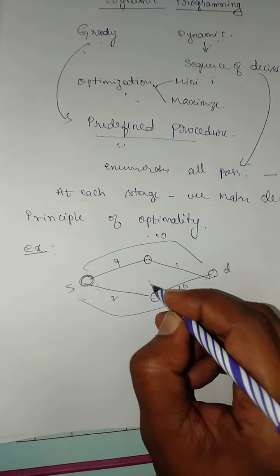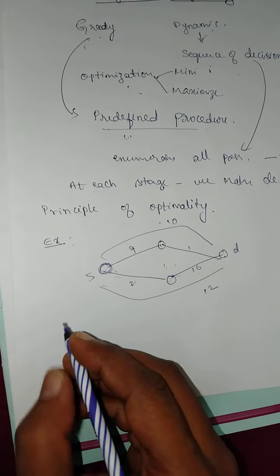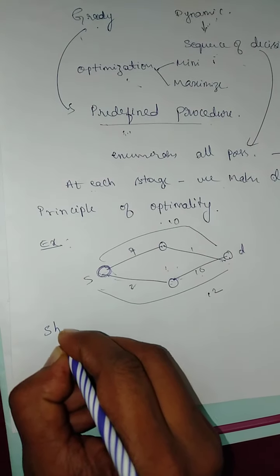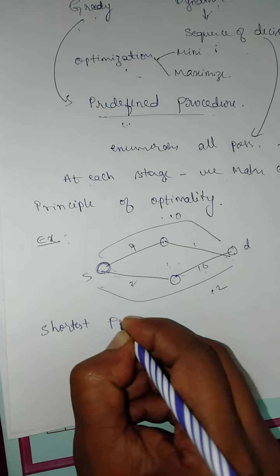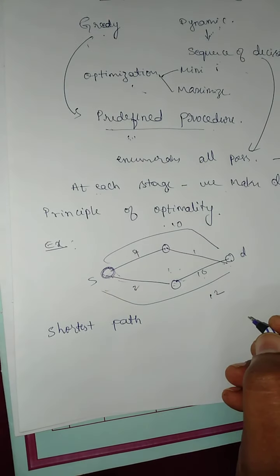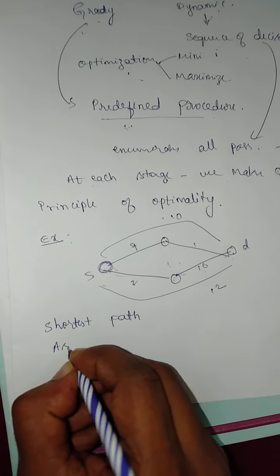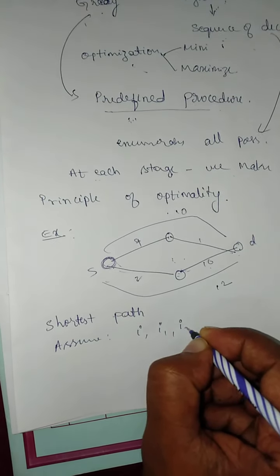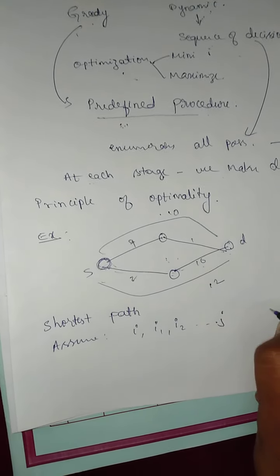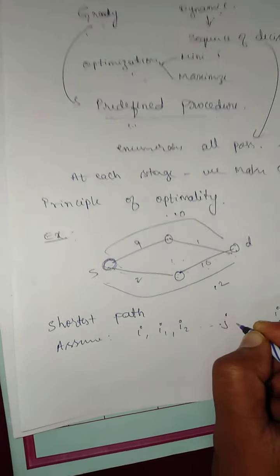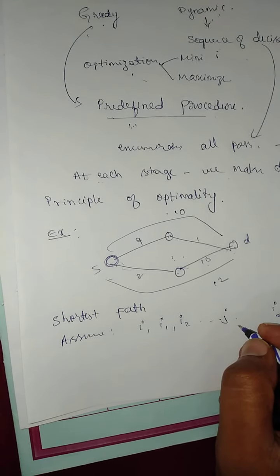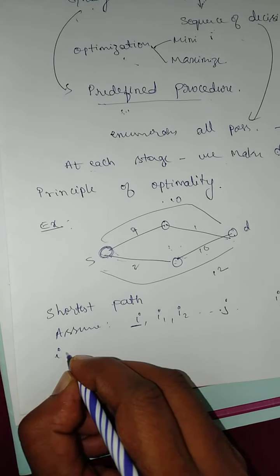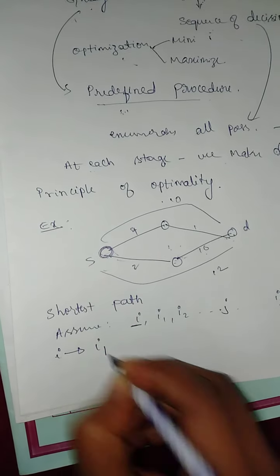One example for dynamic programming where the principle of optimality holds is the shortest path example. Assume that I1, I2, up to j is the shortest path from I to j. Now suppose I is the initial vertex. We have made a decision to go to the vertex I1.